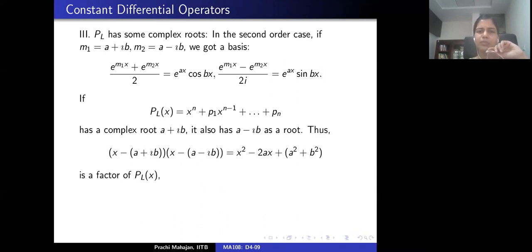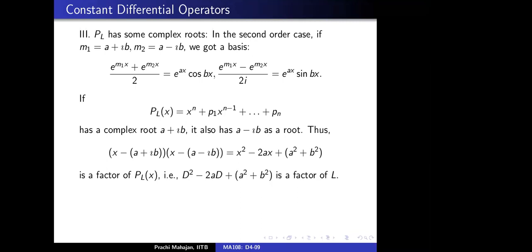Which means that x minus (a plus iota b) times x minus (a minus iota b), which is the same as x square minus 2ax plus a square plus b square, is indeed a factor of the characteristic polynomial P_L, correct?